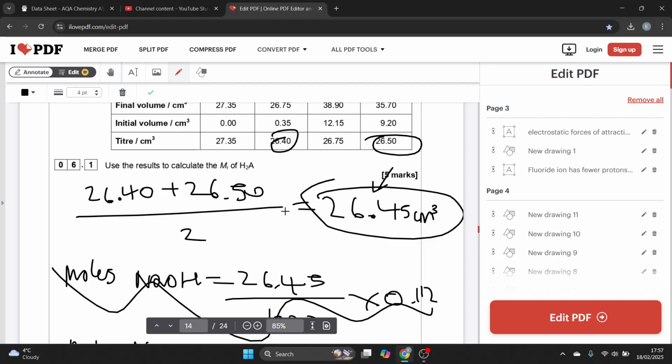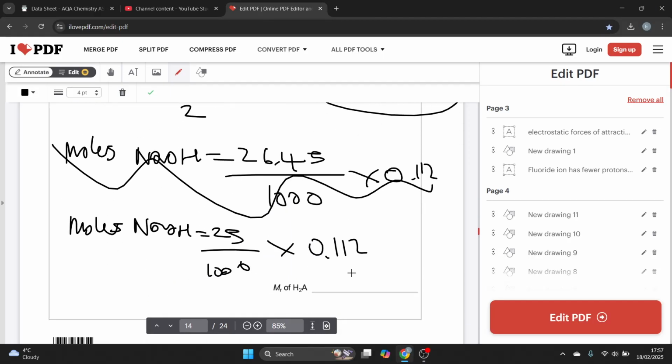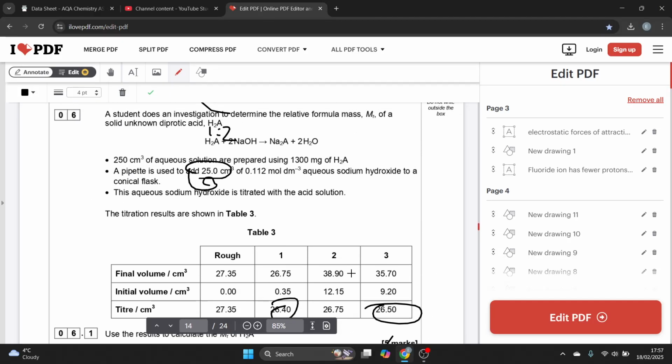A lot of the time you have to use the value of the titre right away, but in this case you need to use it later on. So it's going to be the number of moles of sodium hydroxide divided by 2, then times by 8, because I want 250 centimeters cubed.